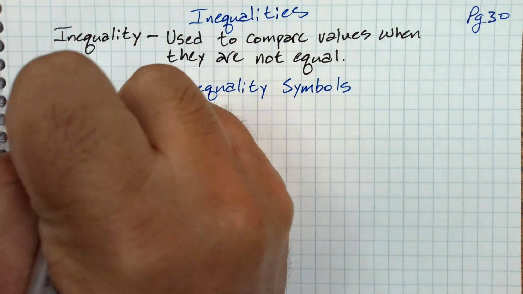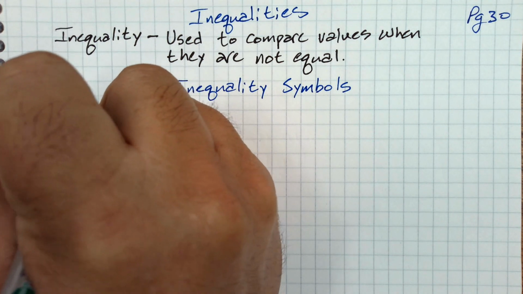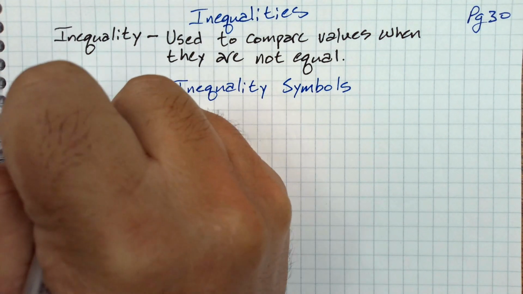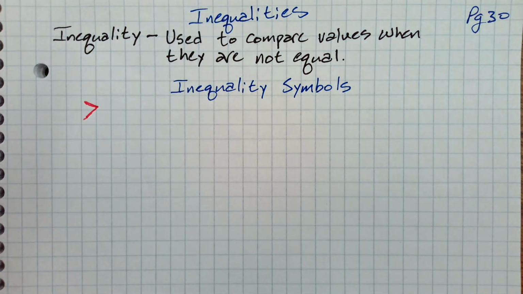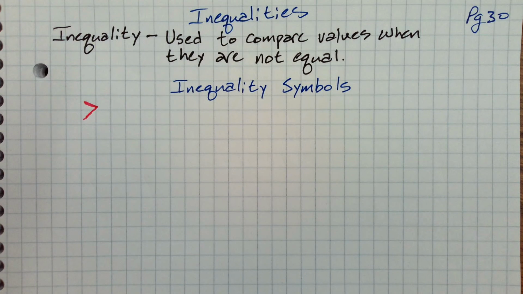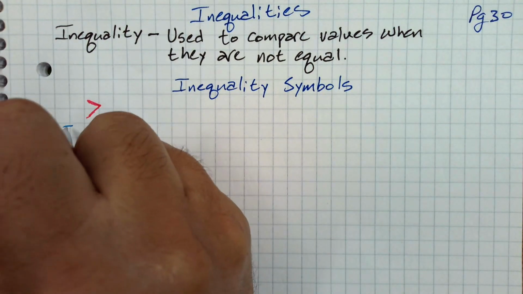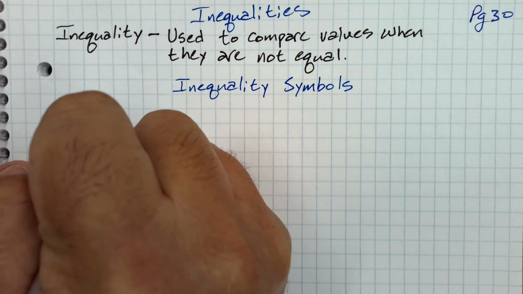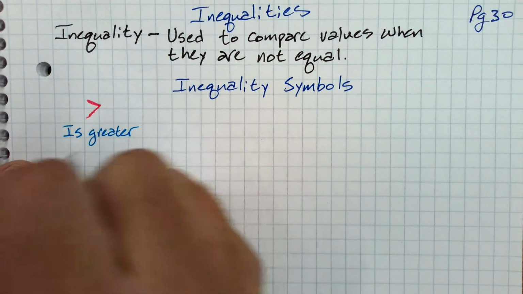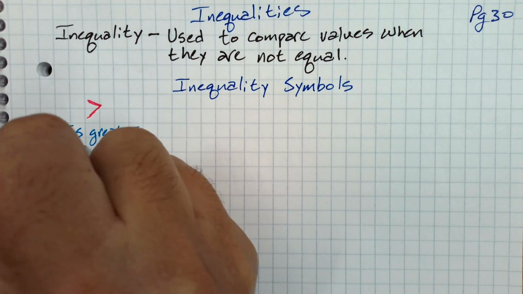So the first one looks like this. Does that one look familiar? You've seen it before? That one is called the is greater than symbol. Is greater than.